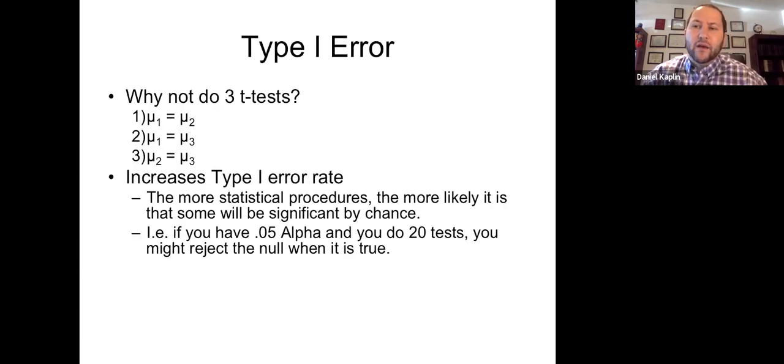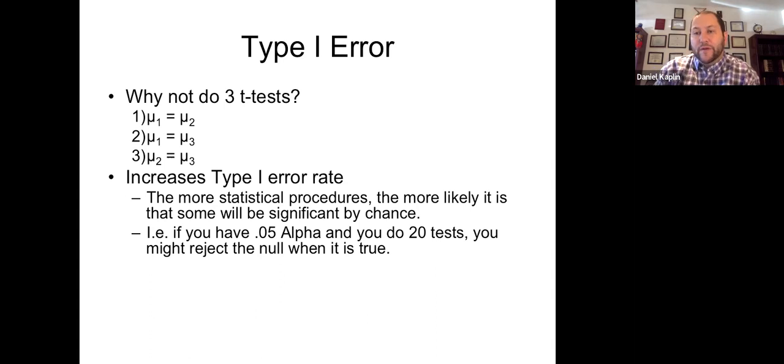So why not run a whole bunch of t-tests where we compare group 1 against 2, 1 against 3, or 2 against 3, right? So in this case, if we ran 3 t-tests, we would have a problem. What is the problem? As scientists, we accept the error or alpha as 0.05.